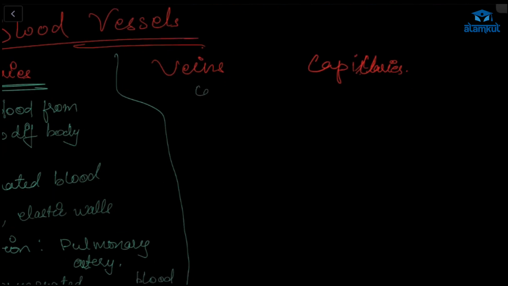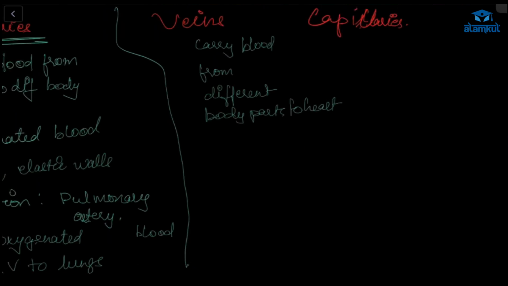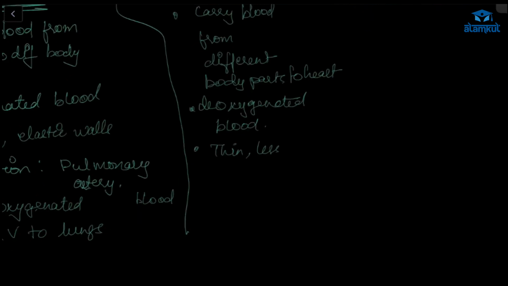Now we'll talk about the veins. They carry blood from different body parts to the heart, and they carry deoxygenated blood, and they have thin, less elastic walls because there is no pumping action here, right?